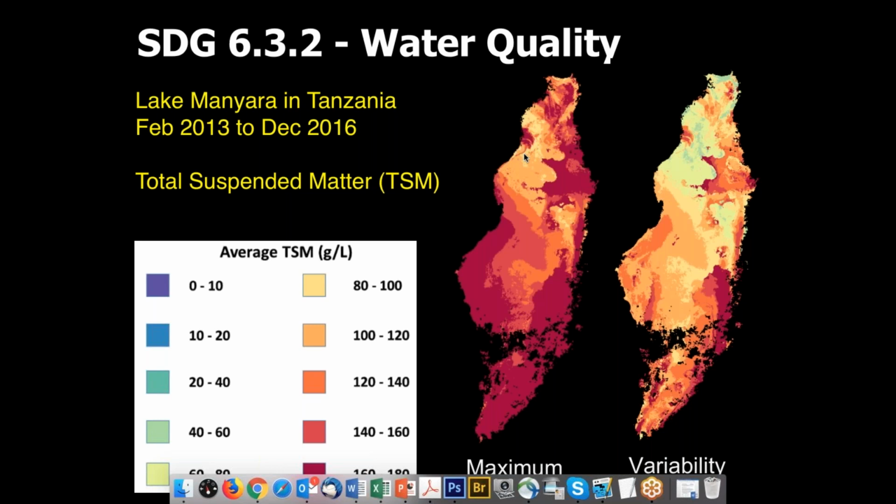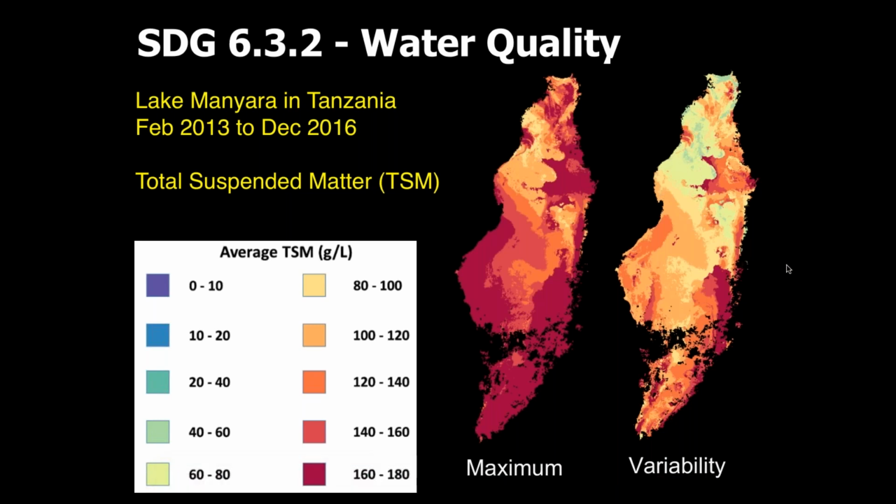But if you look at the image on the right, which is variability, this one I find quite interesting, and that is what portions of the lake change significantly over time. We know on the left-hand side where the max and min areas are, but on the right, we get an idea of variability. Areas that are highly variable are going to be the ones in the dark colors.